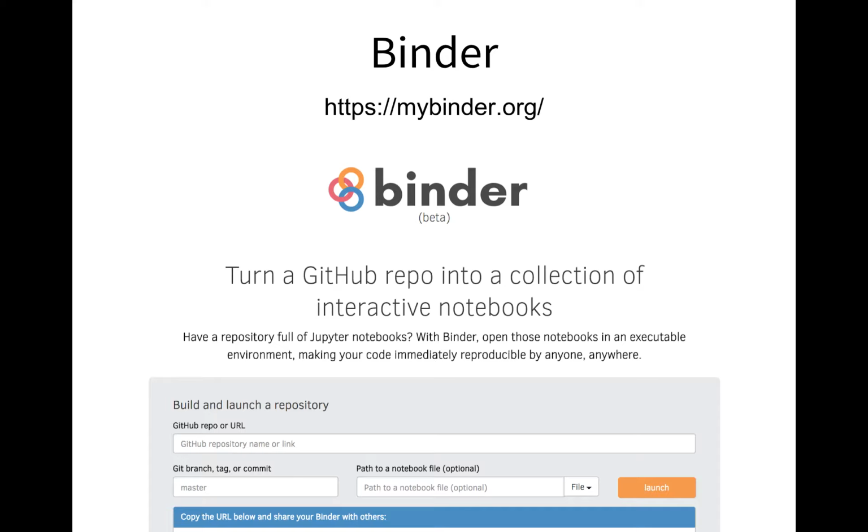One other really interesting one, also coming out of UC Berkeley, is another way to serve Jupyter notebooks called Binder, that's free to everyone in the world. It's a JupyterHub for everyone in the world for free.